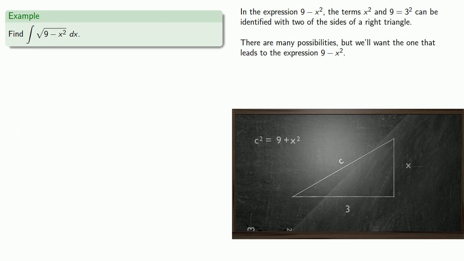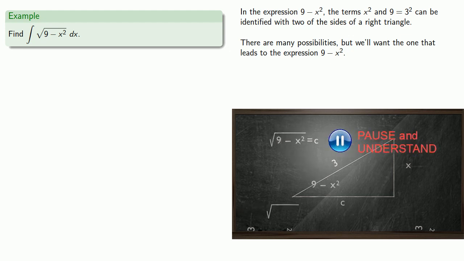I would try again, maybe changing where we put our 3. If we apply the Pythagorean theorem now, and maybe do a little algebra, we do get this expression 9 minus x squared.